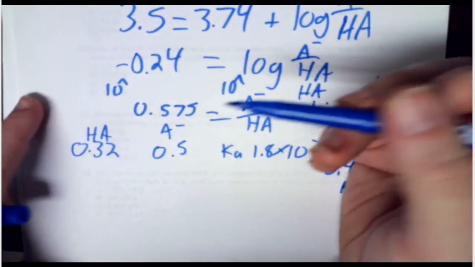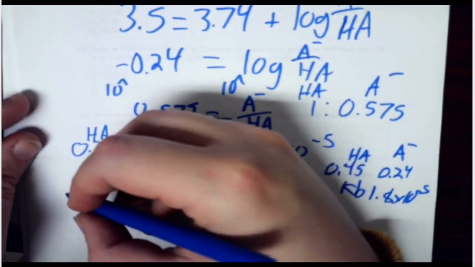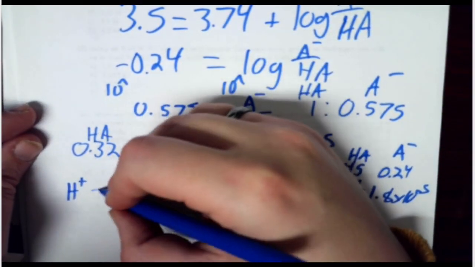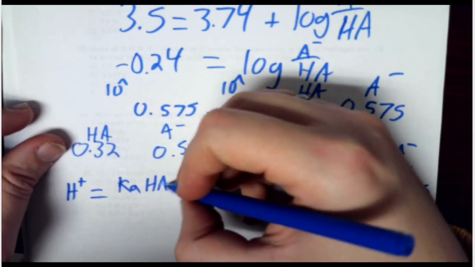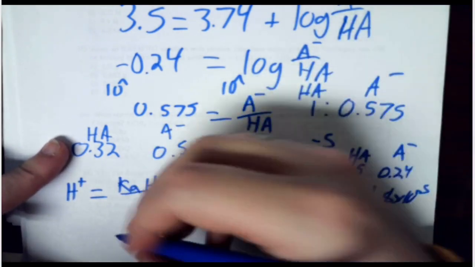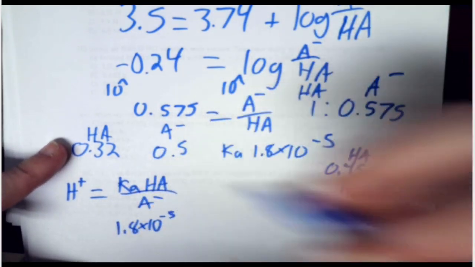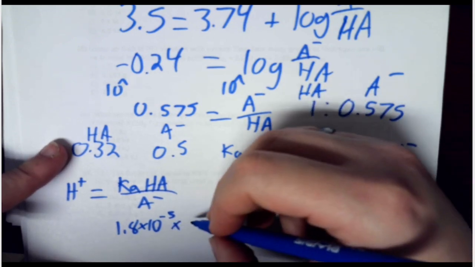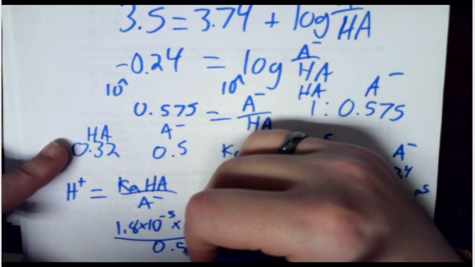I'll solve the first one without the Henderson-Hasselbalch. Henderson-Hasselbalch isn't needed. You can just say H plus is equal to Ka times HA over A minus. So H plus is 1.8 times 10 to the negative fifth times 0.32 over 0.5.